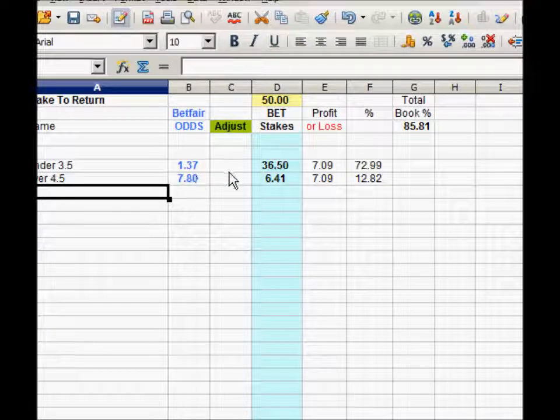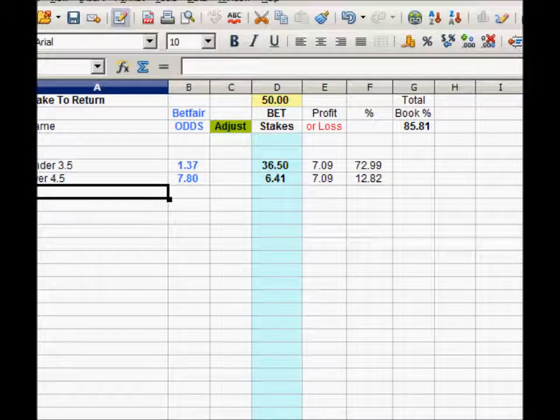So if we multiply 36.5 by 0.37, that gives us a profit if it finishes with under 3.5 goals of £13.50 in that market, and then we'll have a losing bet on the other one if it doesn't finish with over 4.5 of £6.41.